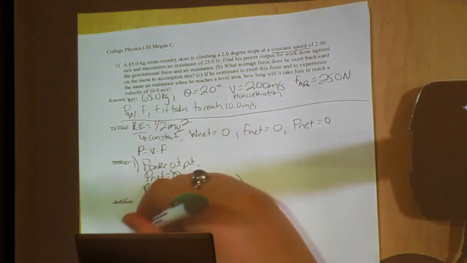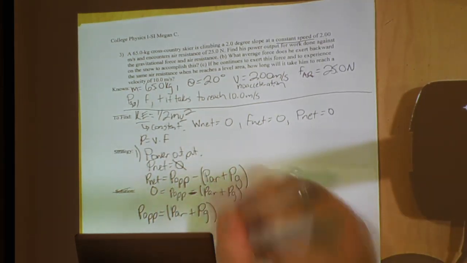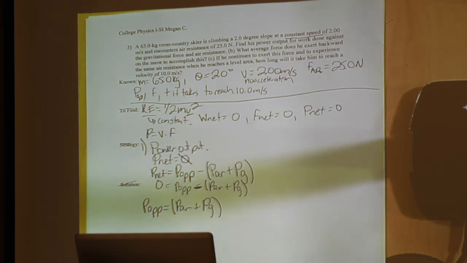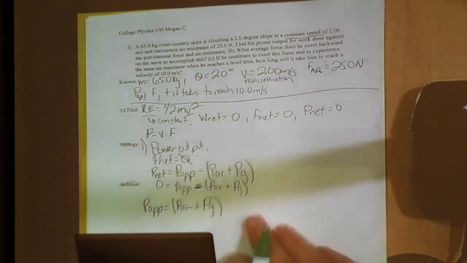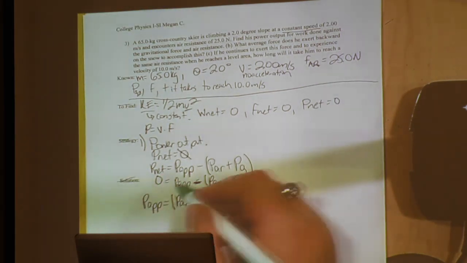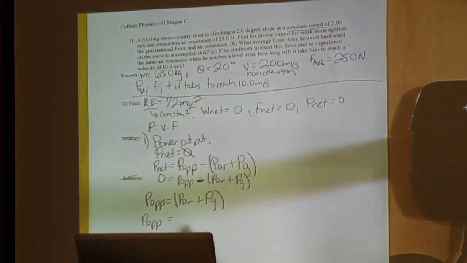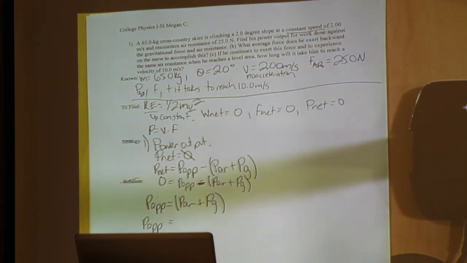We can get to P A equals P AR plus P G. We just rearranged. And from there we can start breaking down the problem a little bit. So we know that P applied is what we're trying to find. So P applied is going to be equal to the power, which can be written, how else? How else can we write that?